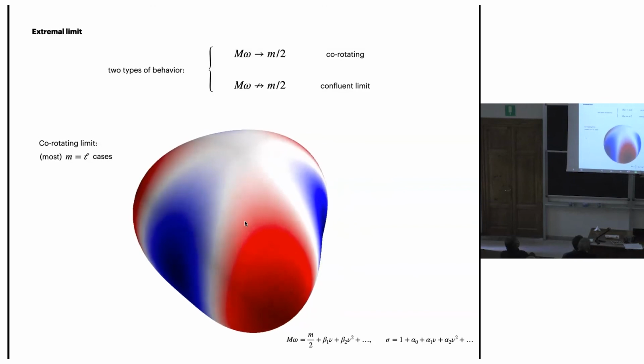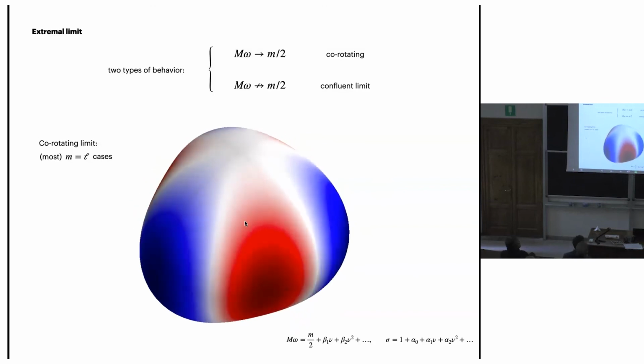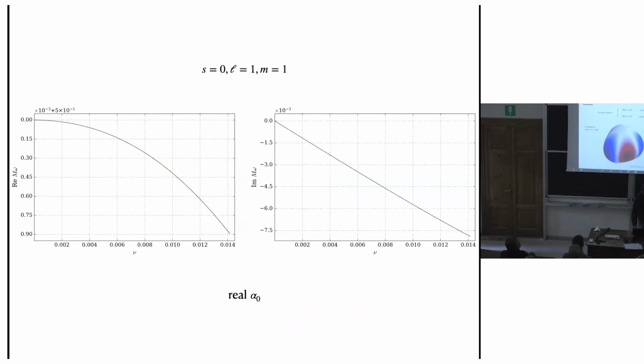And in our case, you can actually do this expansion of these modes, at least the co-rotating modes, near the extremal case. And mu here is like an extremal parameter. Although it's true that the modes either go there or not, you don't know a priori how they go there.